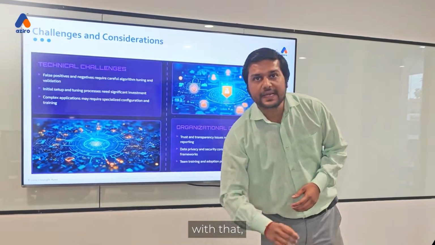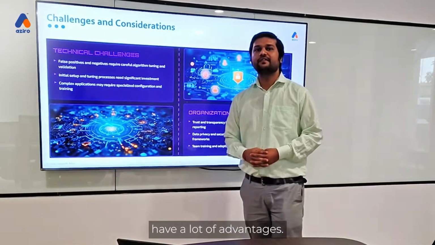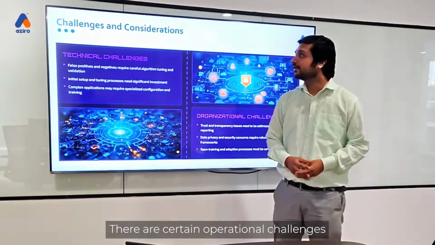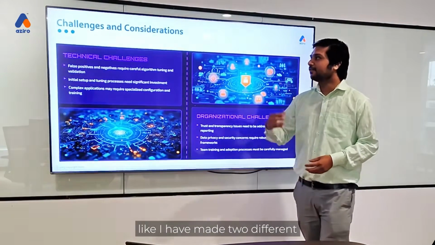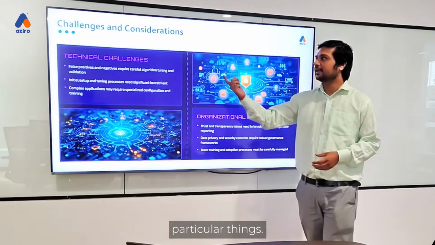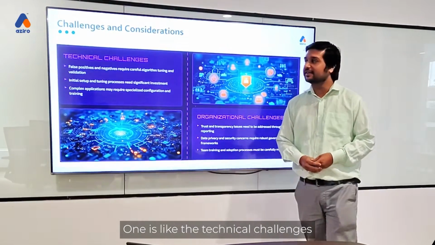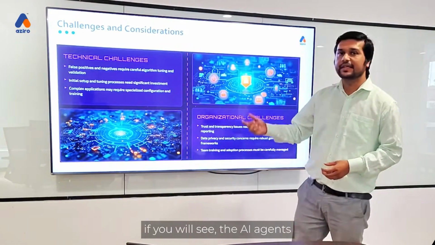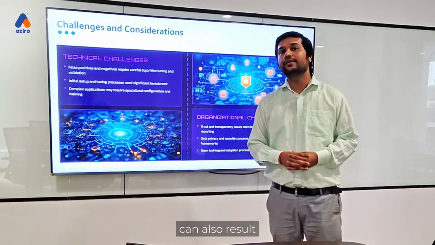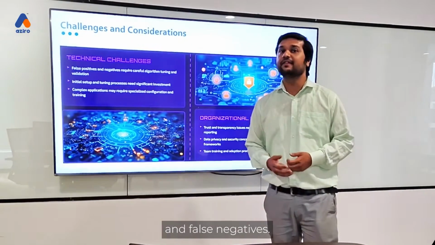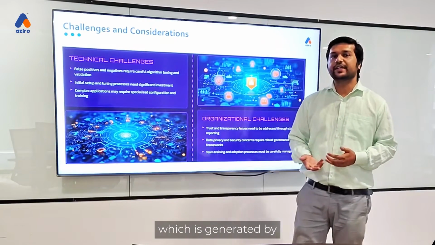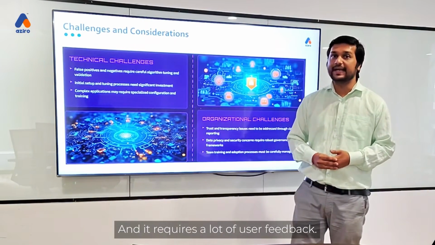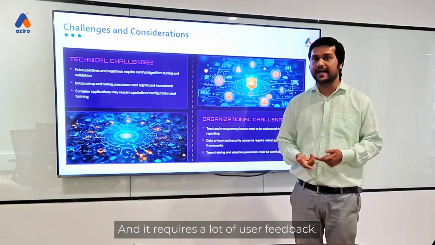But having said that AI agents have a lot of advantages, there are certain operational challenges and considerations. I have made two categories. One is the technical challenges, where the AI agents can result in a lot of false positives and false negatives. It might be possible that the output generated by AI agents is not correct and it requires a lot of user feedback.